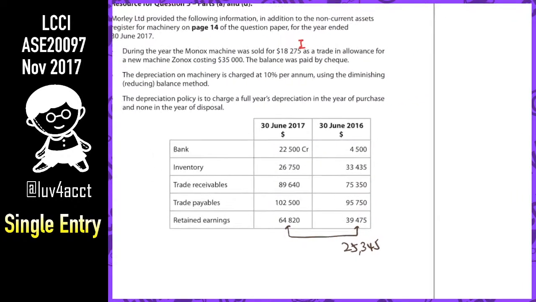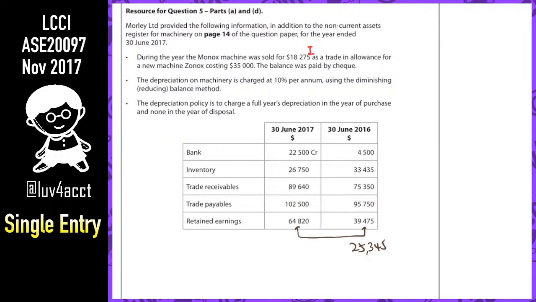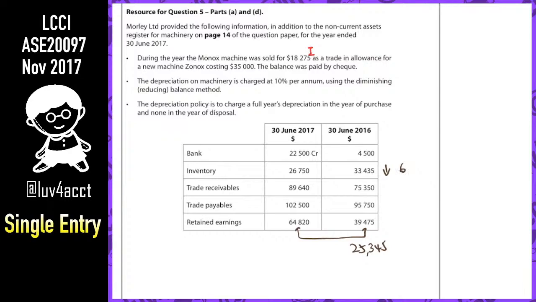Let us calculate for inventory. There is a decrease. 33435 minus 2650, 6685. Trade receivables 89640. You have an increase of 14290.